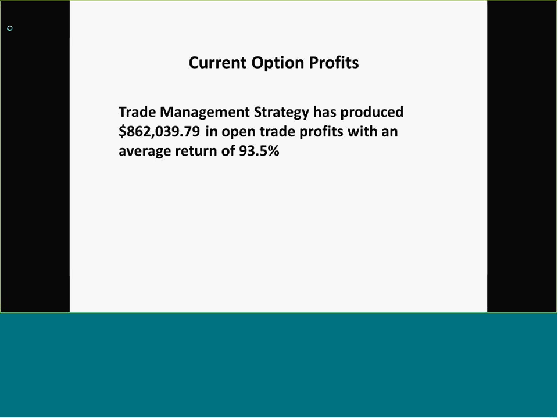And I currently have $862,000 in open trade profits with an average return of 93%. In my portfolios now, almost every position is a spread trade because I used Prime Trade Select, selected a call option to buy for Facebook or Apple or Google, and then I had a profit, and I went through these money management rules to lock in that profit.